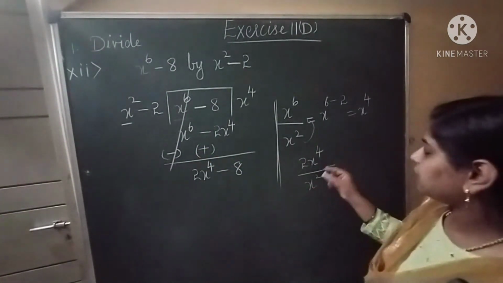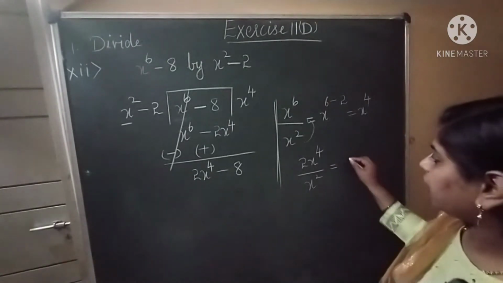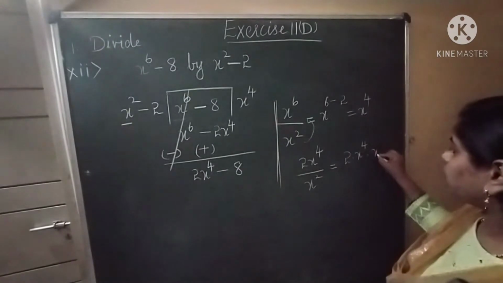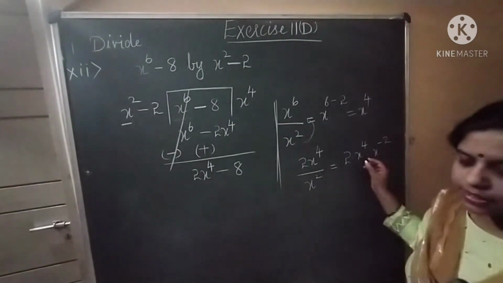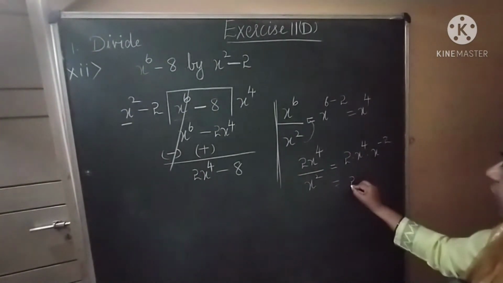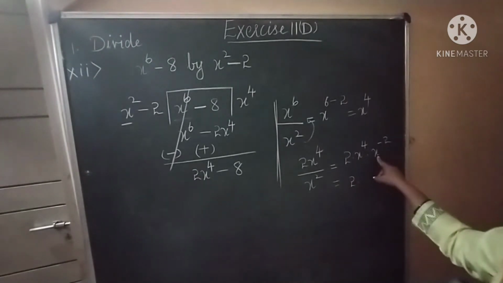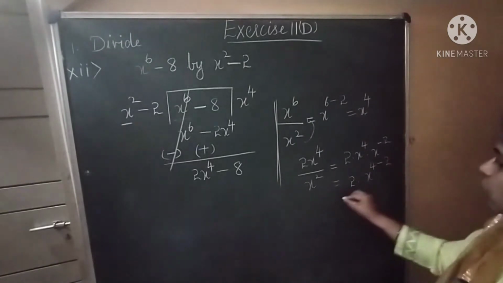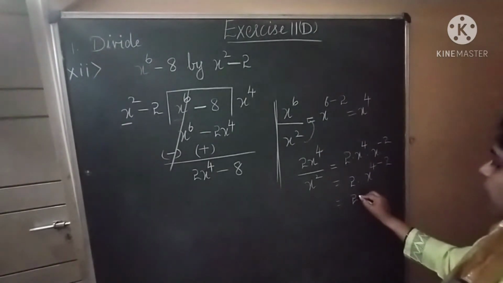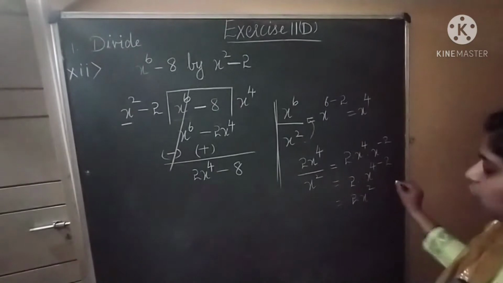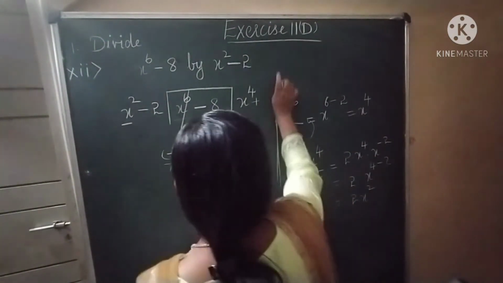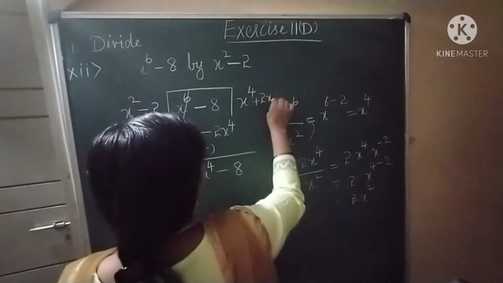Simplifying using the exponent rule, you get 2 into x to the power of 4 minus 2, since the base is the same, x. So you get the term 2x to the power of 2. The next term of the quotient is 2x to the power of 2.